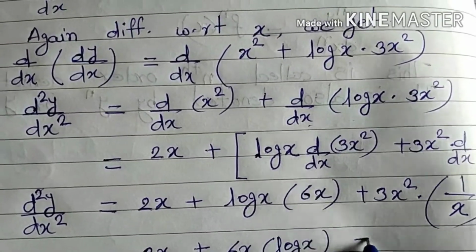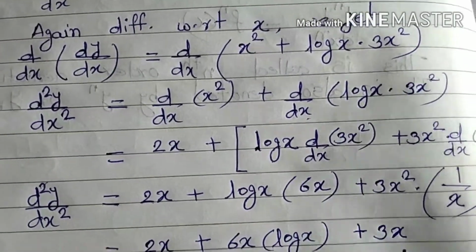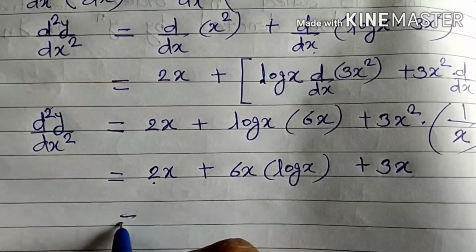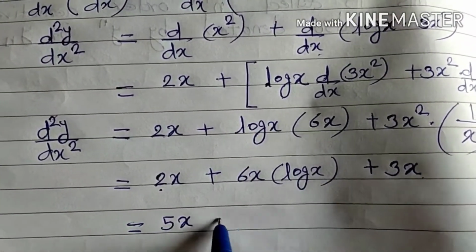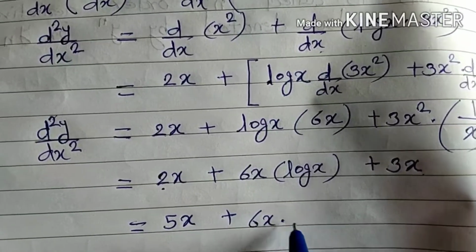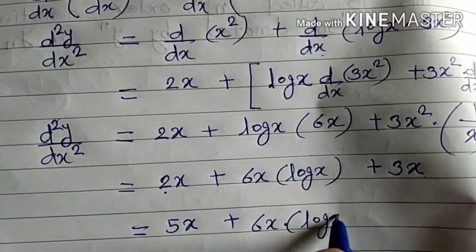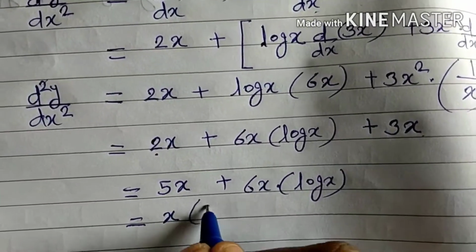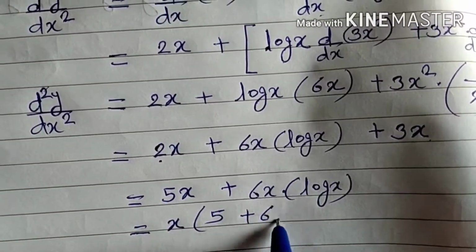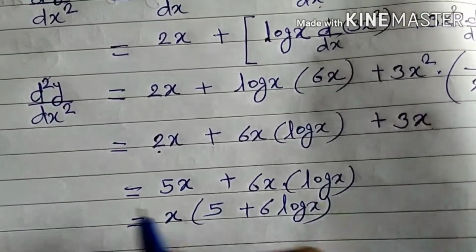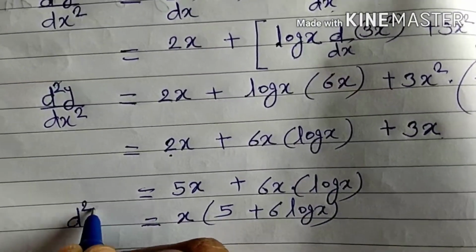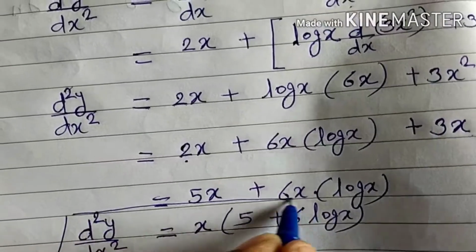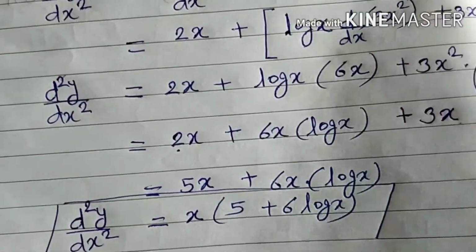This x cancels, so we get only 3x. Now add 2x plus 3x, we get 5x plus 6x into log x. You can take x common, so x into 5 plus 6 log x. So this is our required d2y by dx square, and it is the second order derivative.